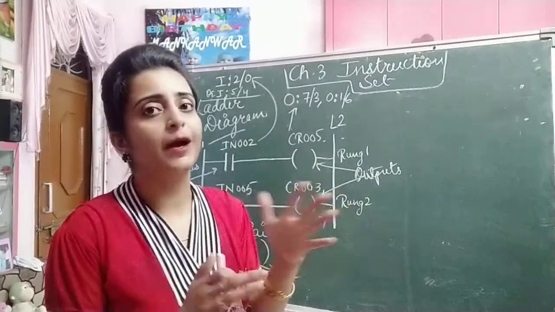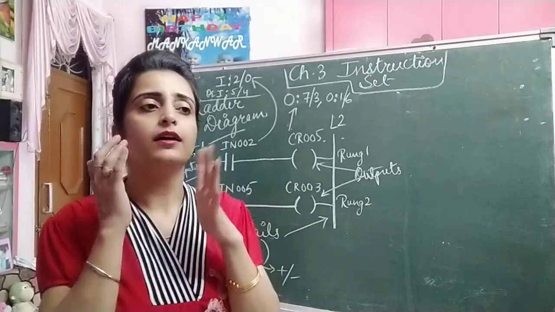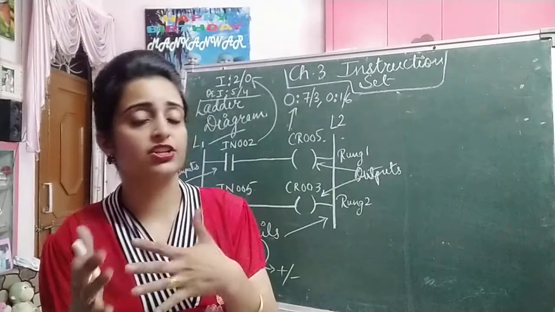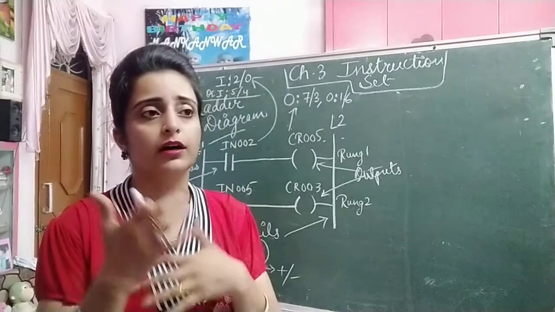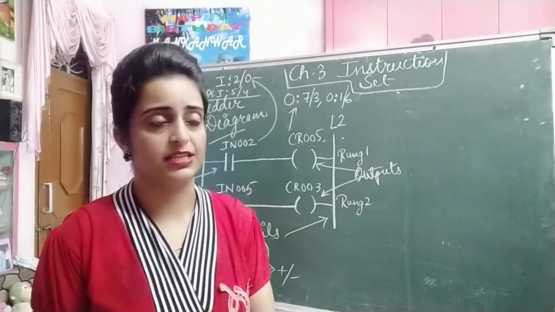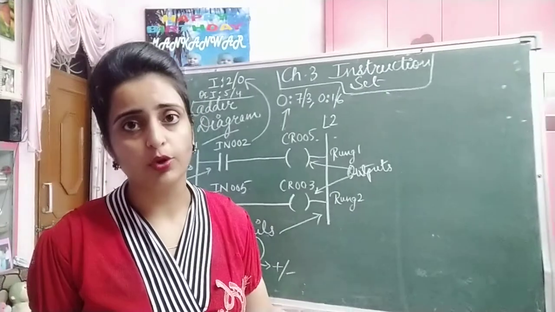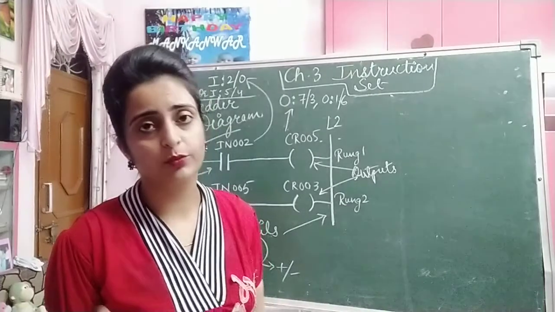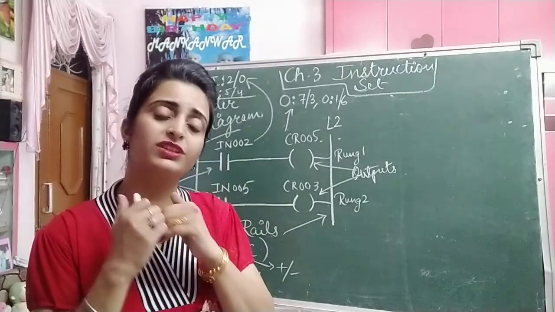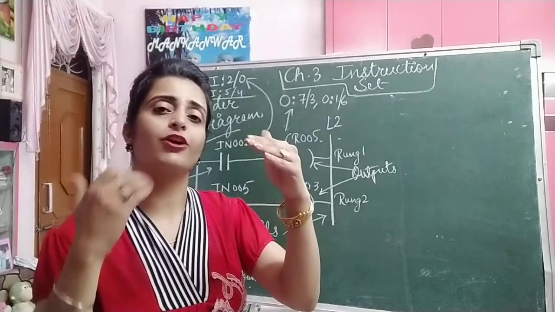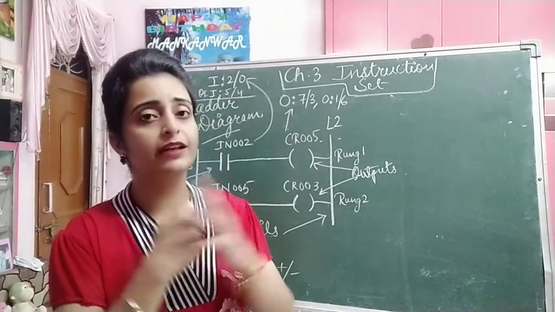In this chapter, we will start learning about the different instructions that are used for the programming of PLC. Before starting with the programs, we should know about the basic instructions, because a program is made up of a set of instructions that are connected in a sequential manner.